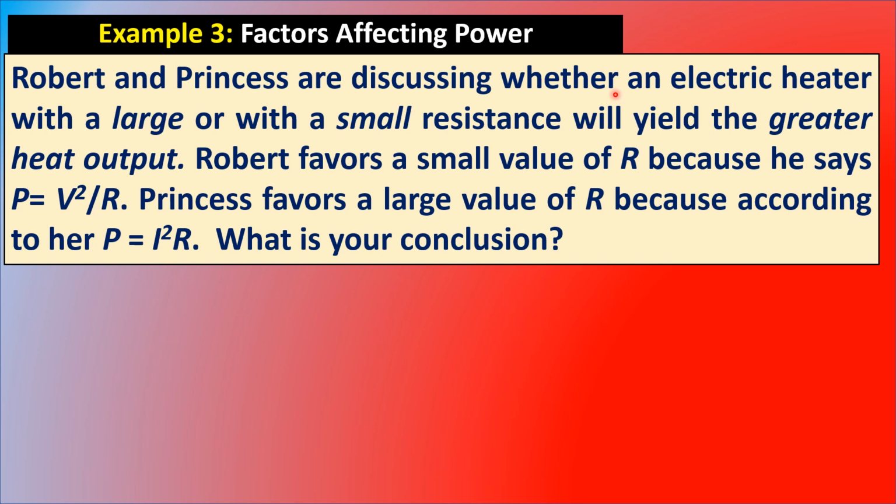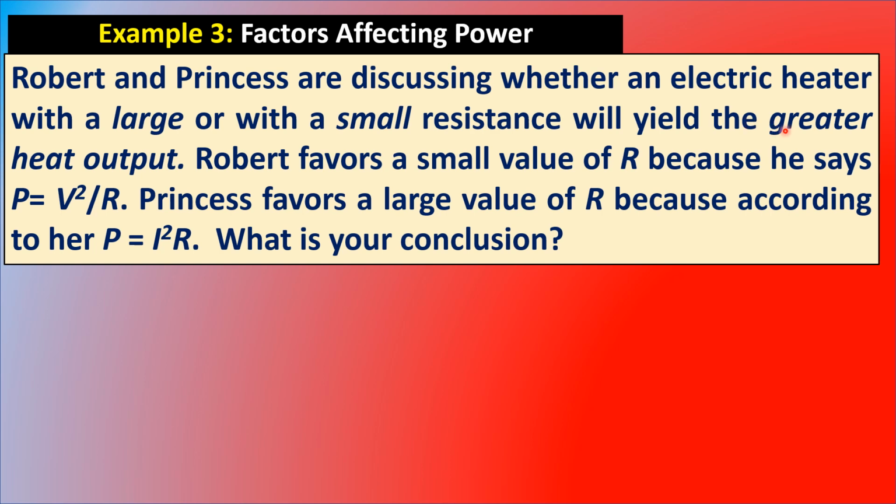Of course, we are producing heat or thermal energy, which is being produced by the heater with the use of electric energy. Or electrical energy is being converted to thermal energy.